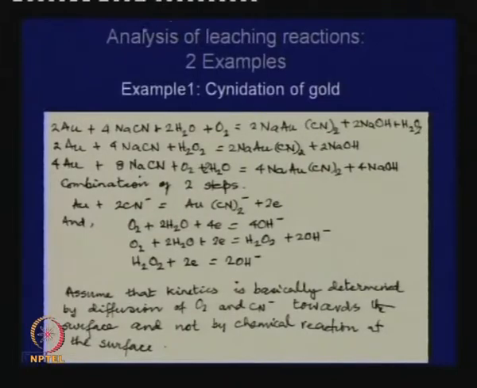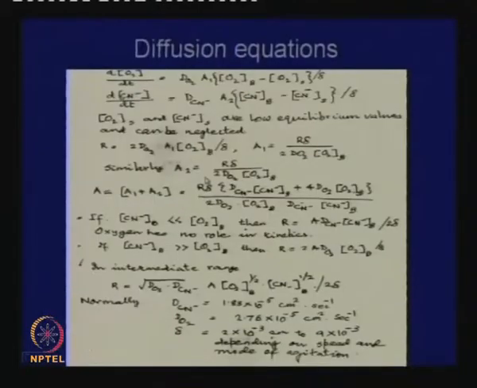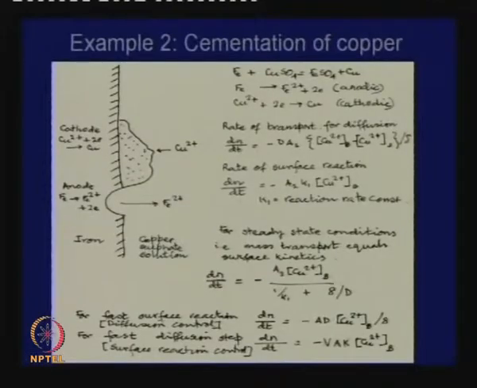So, we did an analysis of that to know what will be important when. Is the partial pressure of oxygen important, because that is also a reactant? Is cyanide concentration important, because that is also there as a reactant? Then we analyzed that under different conditions something is more important than the other.